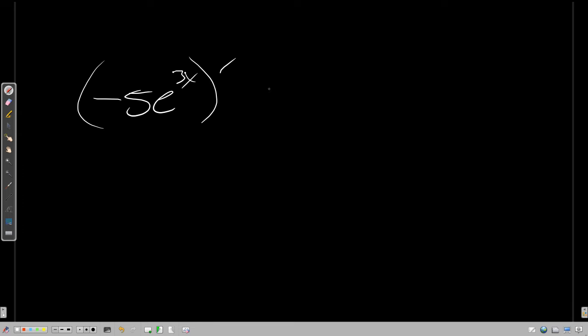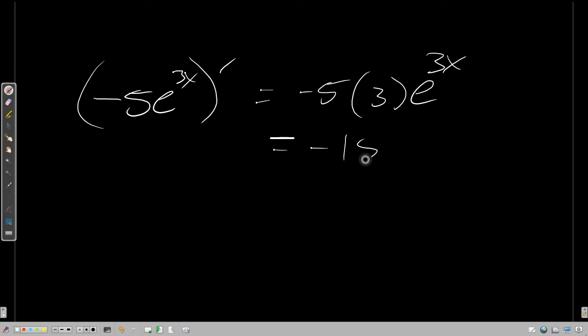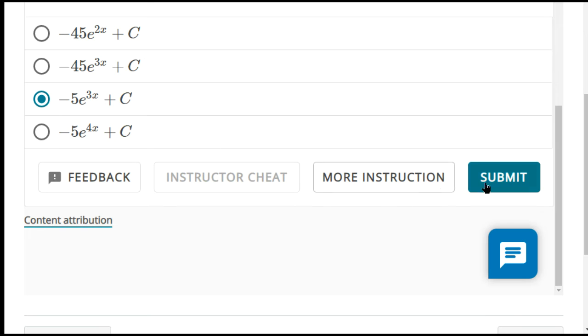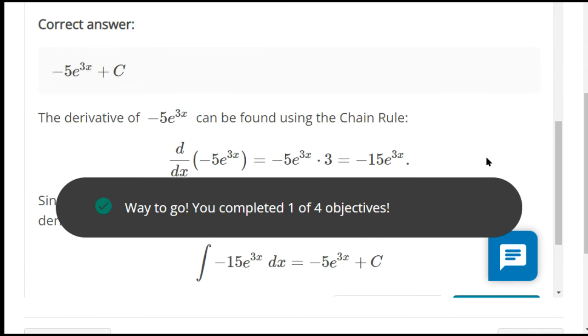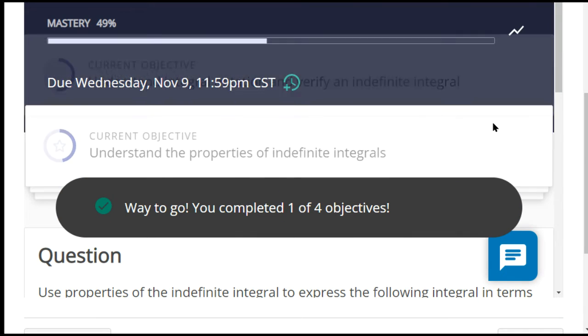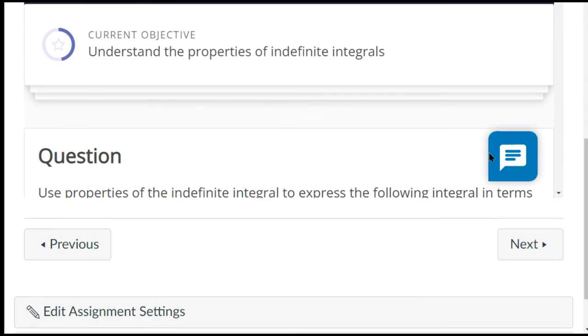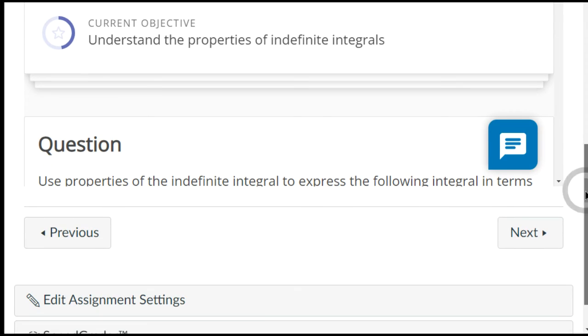If you took the derivative, you would have minus 5 times 3 e to the 3x. And that's exactly what we wanted. And so that problem is finished. One of 4 objectives completed. What else could they have in store for us?